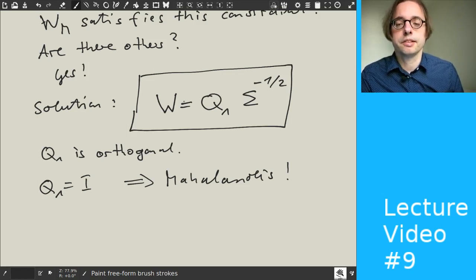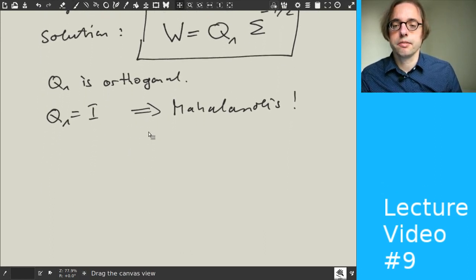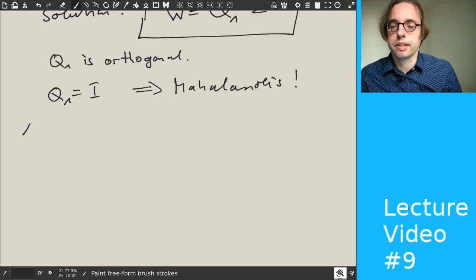For every whitening matrix you can find an orthogonal Q simply by solving this equation for Q. Given sigma and a whitening matrix that satisfies the above constraint, we can compute a Q, and this Q is an orthogonal matrix. So this is one way to write this. Another way is the following.